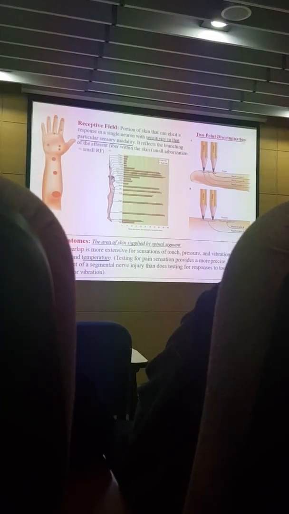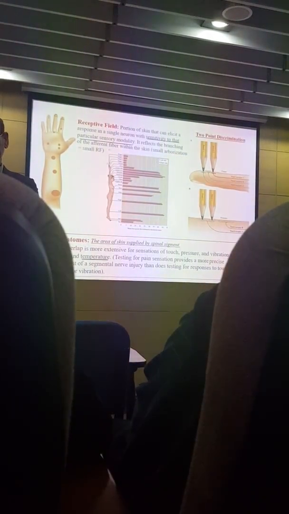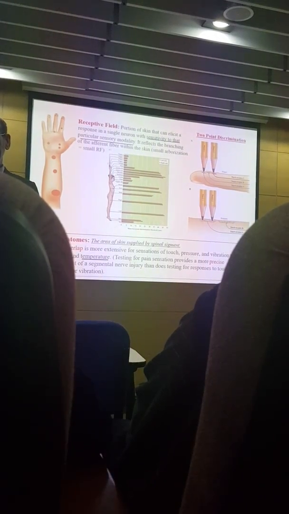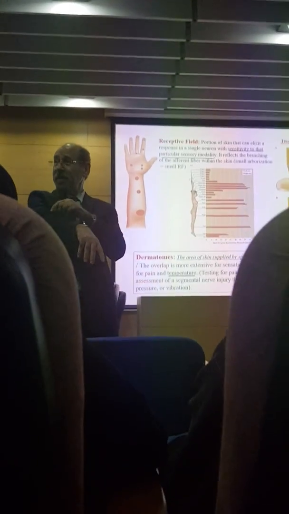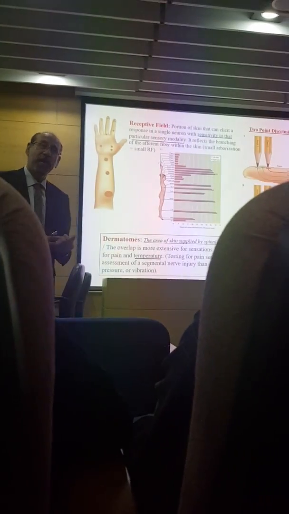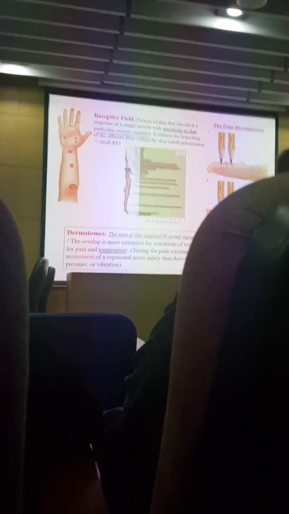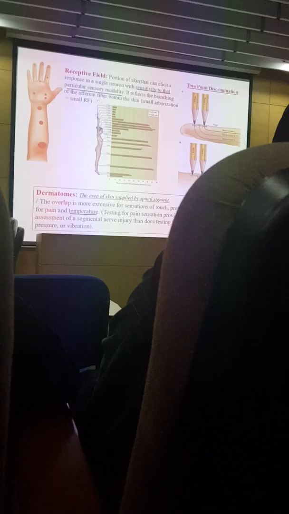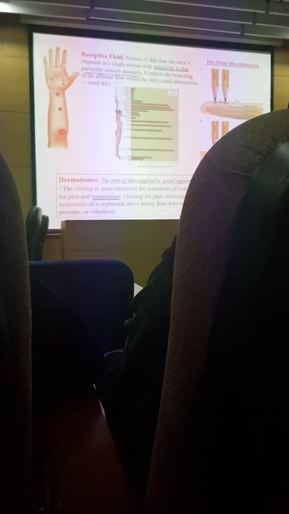And of course there is overlap. For example, spinal segment C4 supplies this area, and C5 may supply this area and also part of C4. So there is overlap. This overlap is minimum when we are testing pain.